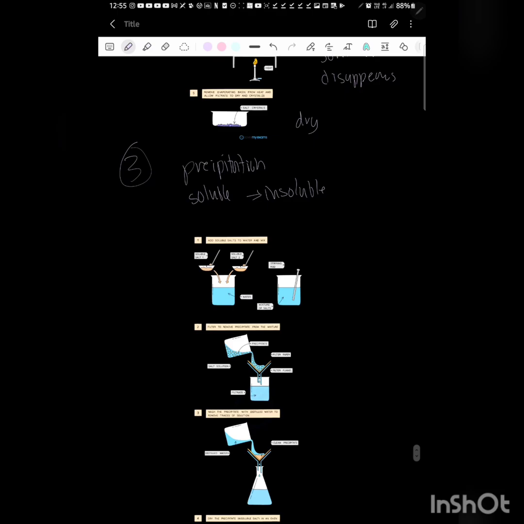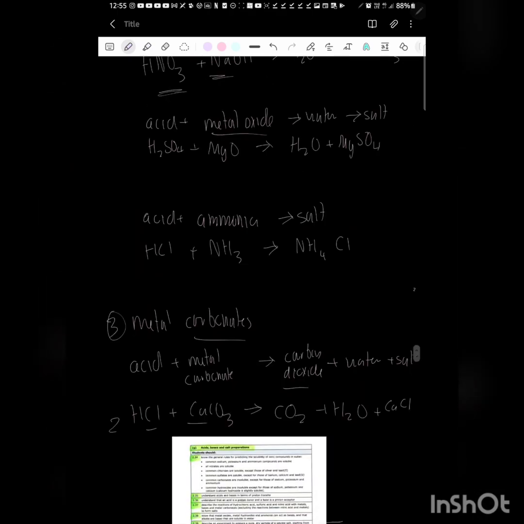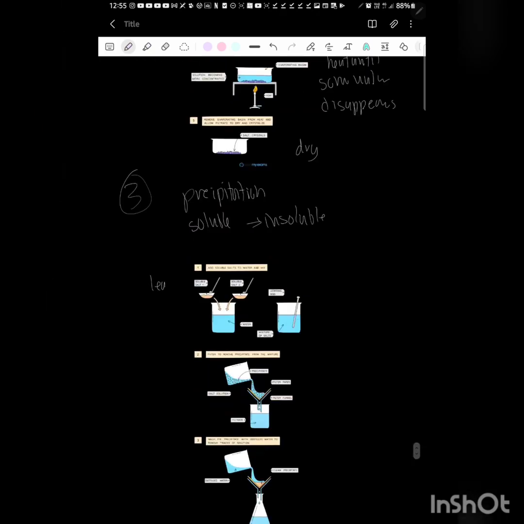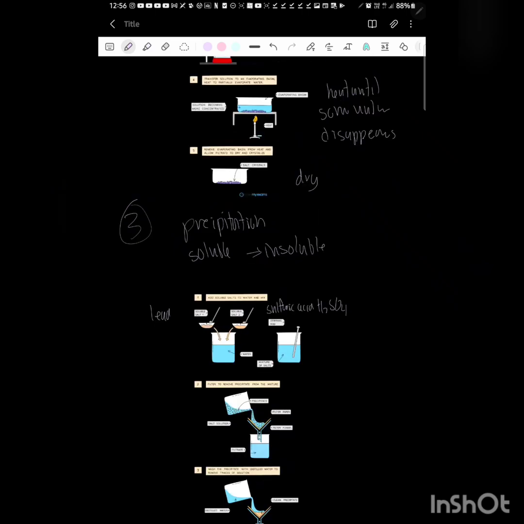And the example we normally do for this one, if we go back up to the spec, is lead sulfate. And so what you do is you need lead and sulfate. So you need sulfuric acid, which is H2SO4. And you just need a soluble lead compound. So let's go with, if you go up to your table again, right?